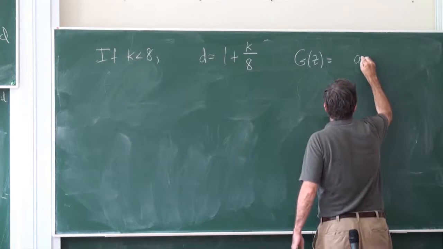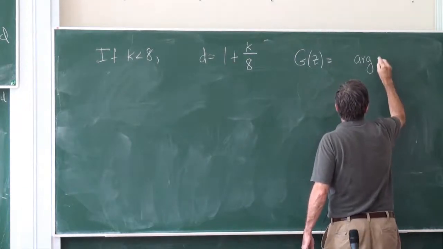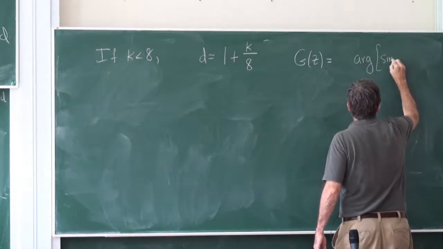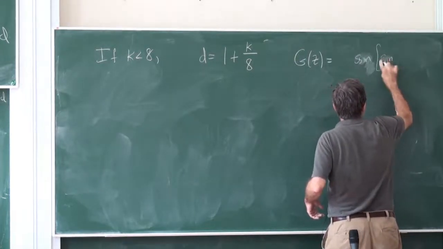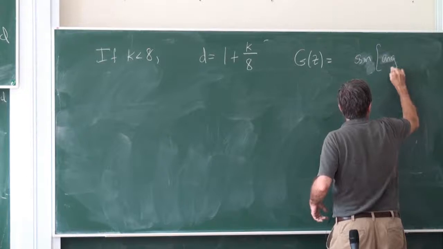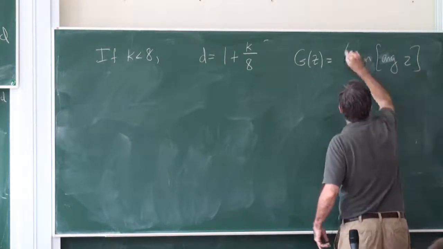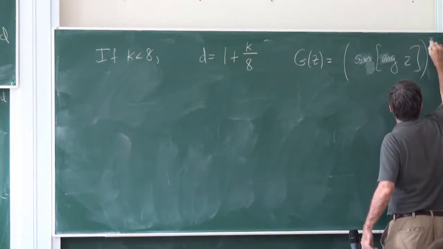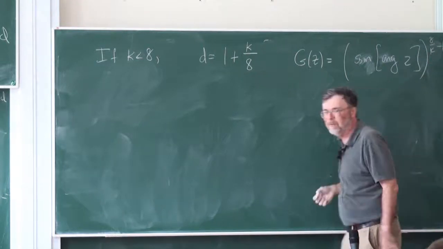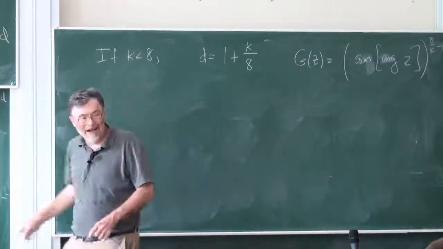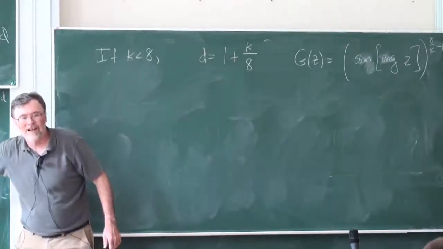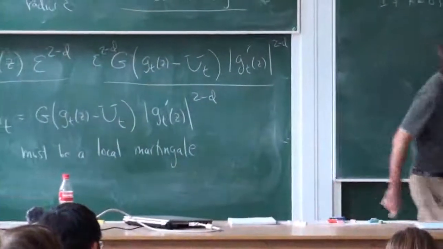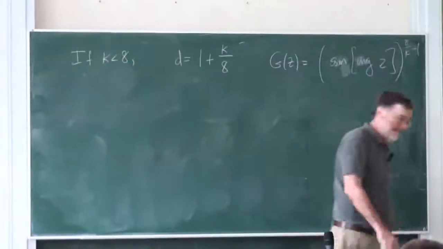G of z is equal to the sine of the argument of z, raised to the 8 over kappa minus 1, if you're interested in what it is. Okay, this determines things up to a multiplicative constant. So you might multiply by a constant.